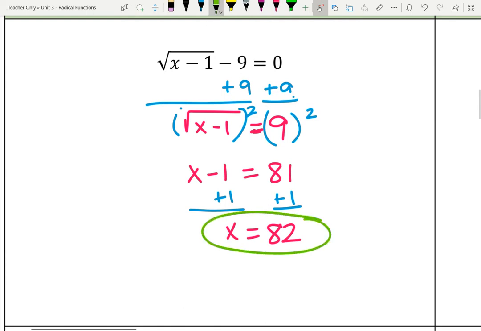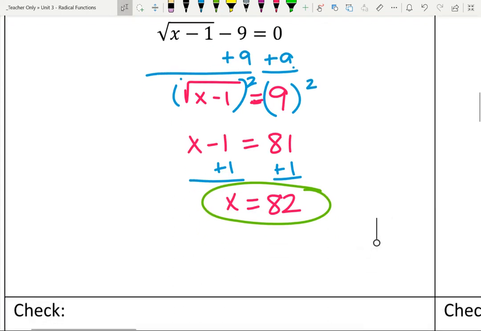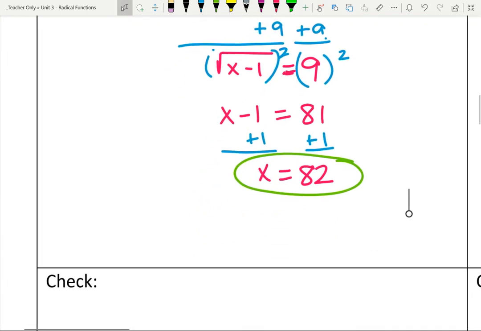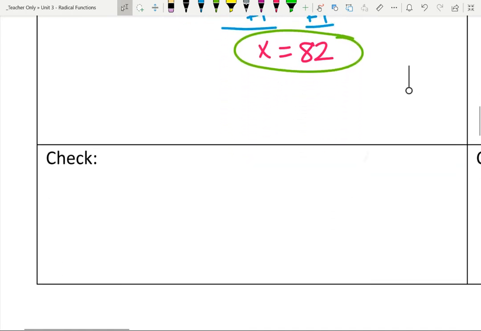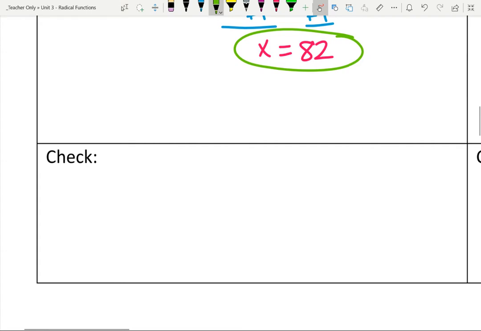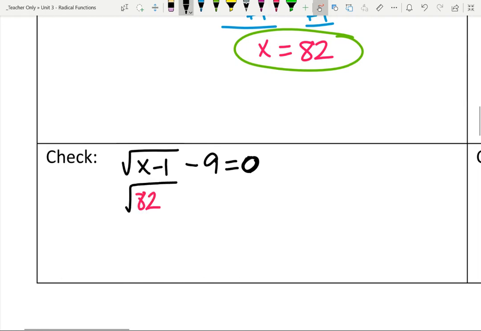Sounds pretty good. But you know me, we should always be checking our work, especially when we're solving equations, especially when we're solving a new equation type for the first time. So I'm going to check my work here. I'm going to go back to my original equation, which was the square root of x minus 1, minus 9, is equal to 0. And I'm going to replace that x with 82. Everything else stays exactly the same.